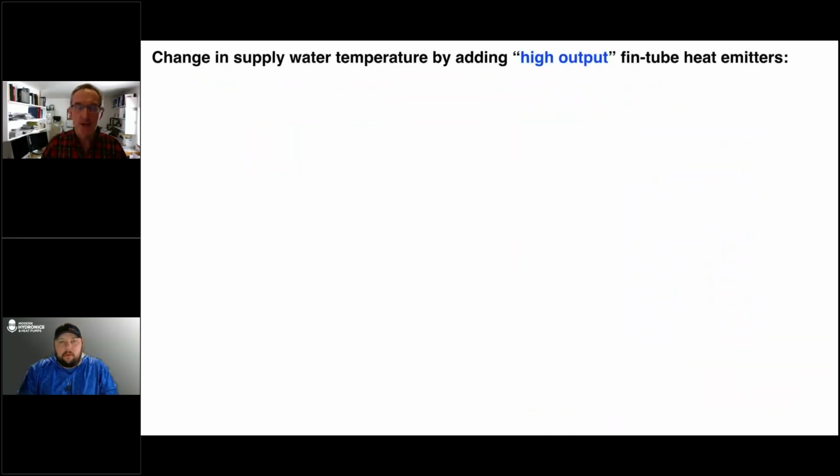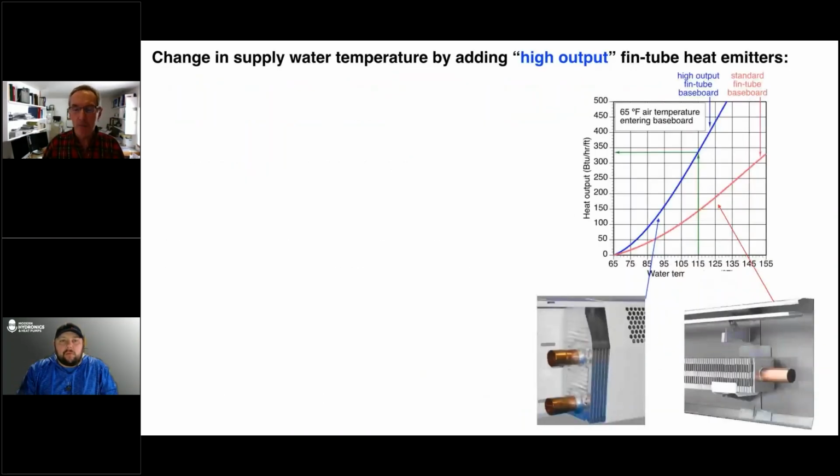Now, another option that you do have would be to go to high output baseboard. One of the products that's out there, here's a photo down at the bottom, where you see the 2 copper tubes. That's called heating edge baseboard. And, to use an overused phrase, it's not rocket science. That's 3 times the fin area and 2 times the tube.